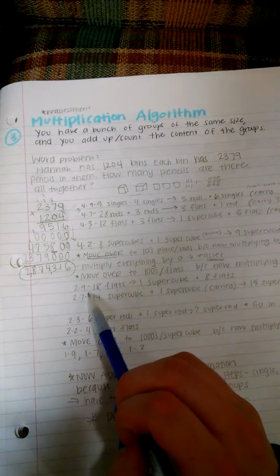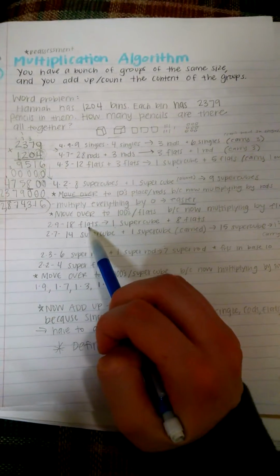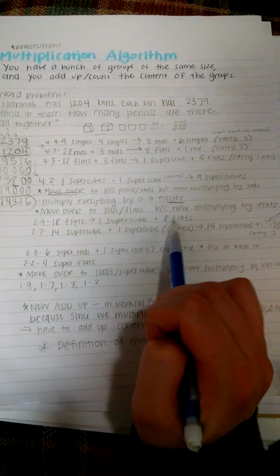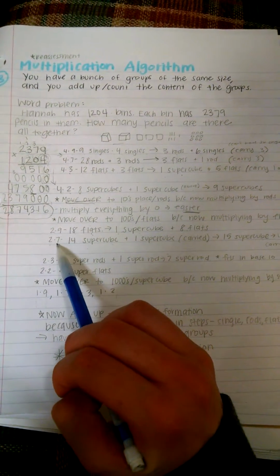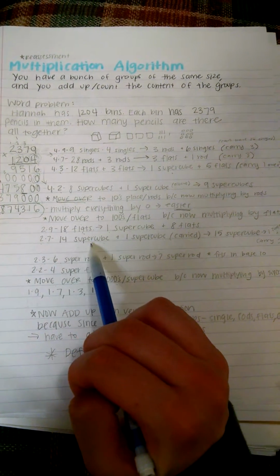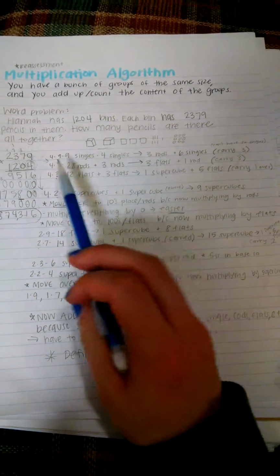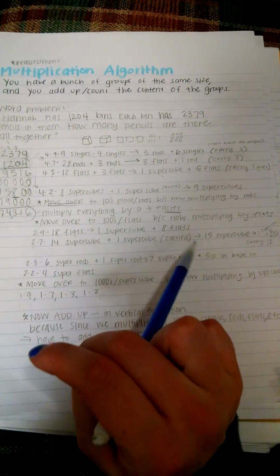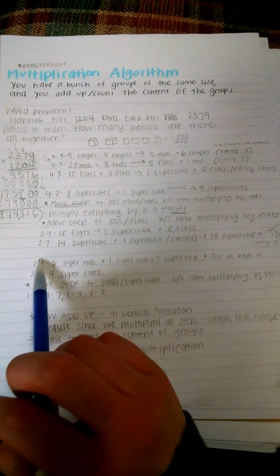So 2 times 9 is 18 flats. Since we're in base 10, we have to divide that up into 2 units, so 1 supercube plus 8 flats. Have that 8 right here. We have 2 times 7, which would give you 14 supercubes plus that 1 supercube that was carried over, to give you 15 supercubes. Carry that 1.